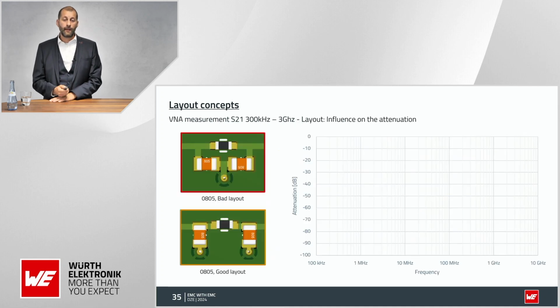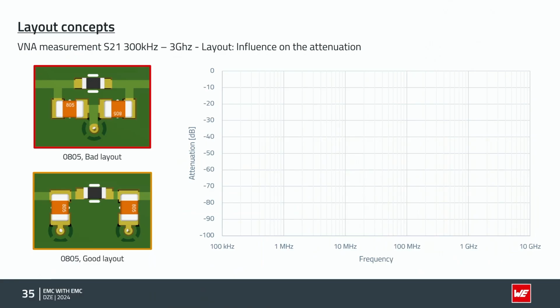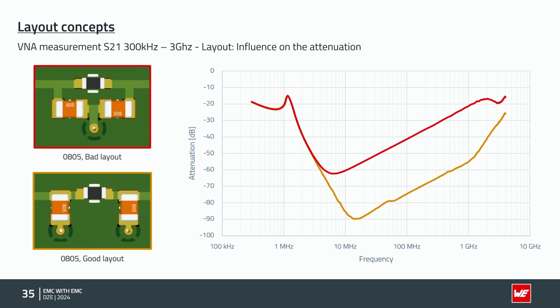Here's a superb simple example, in this case filter attenuation. Both use the same components. The only thing we changed is the layout. And what you can see is the bad design and the good design are separated by more than 30 dB.